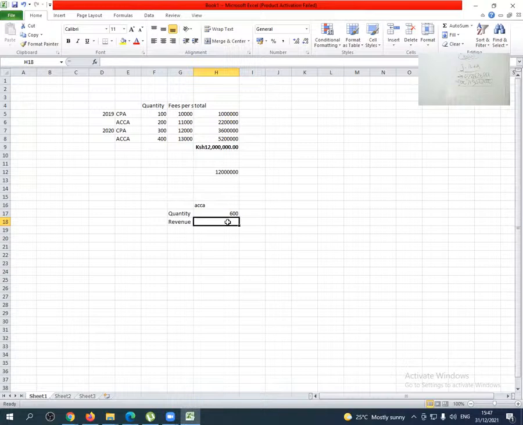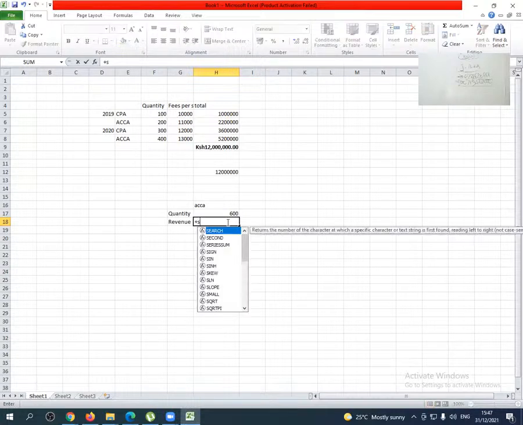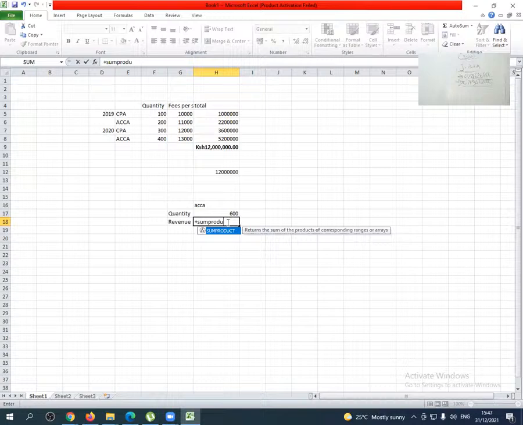So then what I need to do is to say equals. So equals, I have the sum product there. So the sum product, we have tab there. So this array 1, because I want to specify, I'll come there, right? And then I say equals my ACCA course that I want, right? And then I close the bracket like that.